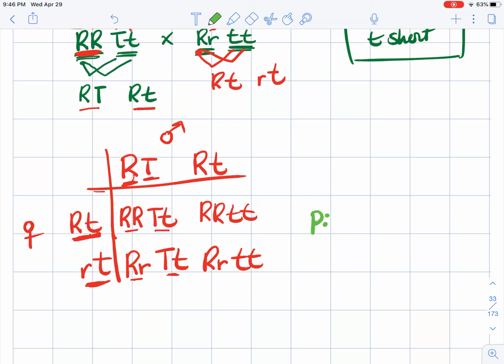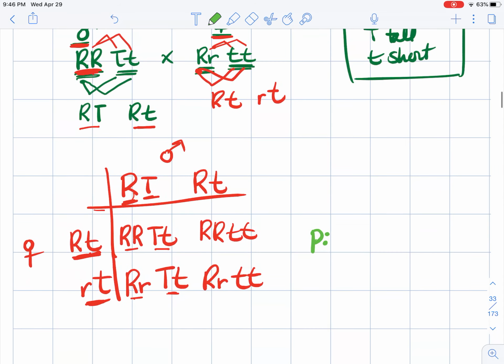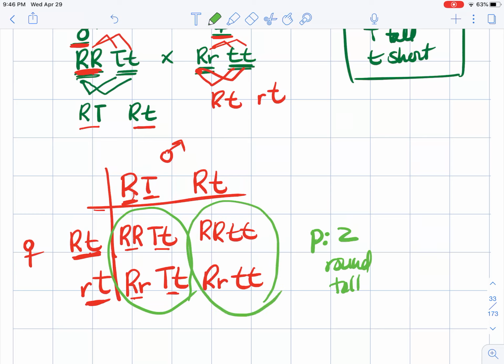So when we have to determine what our offspring are physically, usually with dihybrid crosses, they're only going to ask you physically what the babies look like, not the genotypic counting up. But physically we can see that round and tall is two of them, and two of them that are round and short.